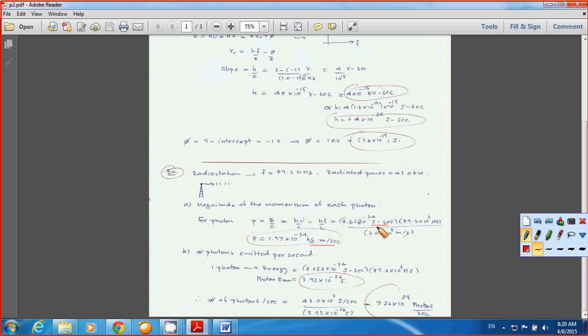That's 6.626 × 10^-34, multiplied by the frequency given here, 89.3 megahertz, where mega is 10^6, and you divide by the speed of light. So you have the momentum to be 1.9697 × 10^-13.